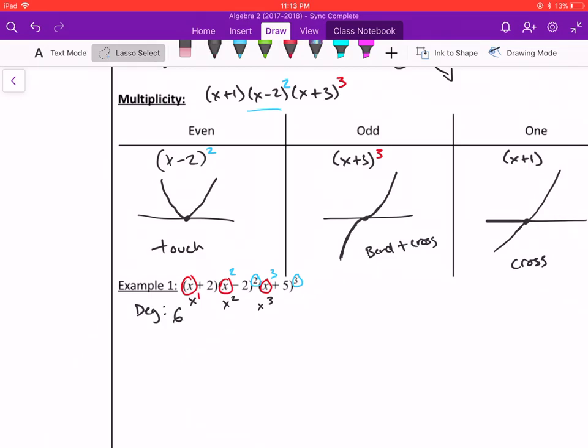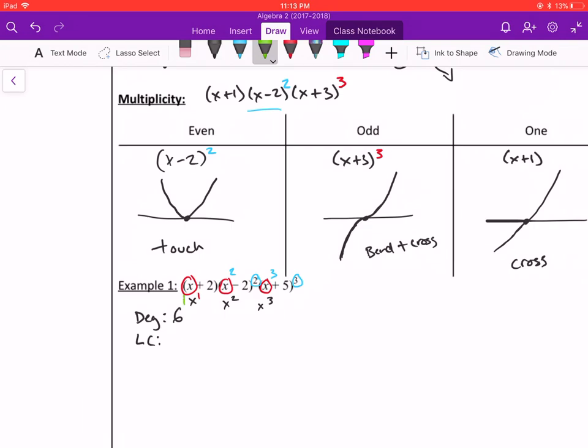So your highest degree would be 6, because think of your leading terms, 1, 2, and 3. But your leading coefficient is each of those numbers as well. So what is the number technically in front of those?